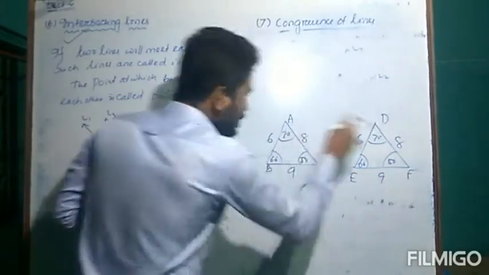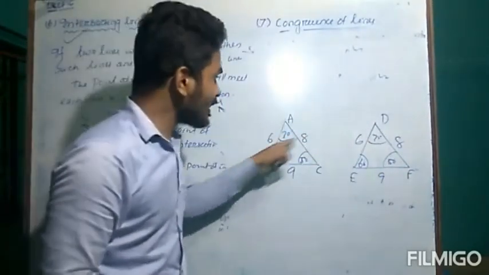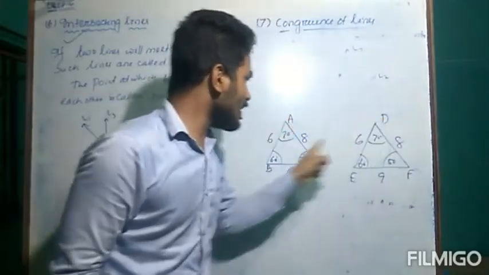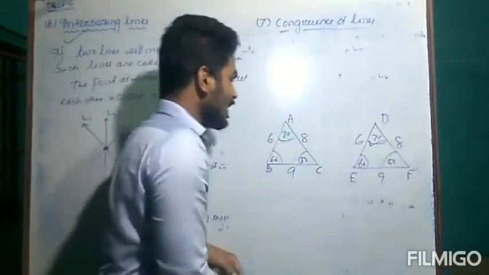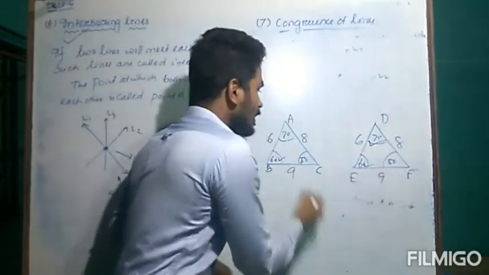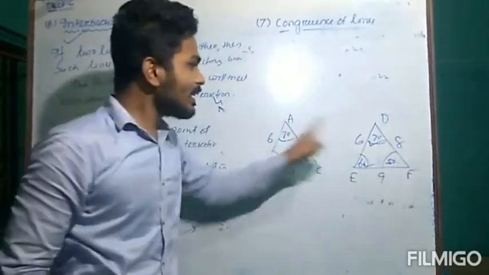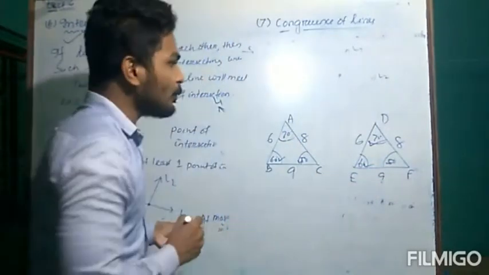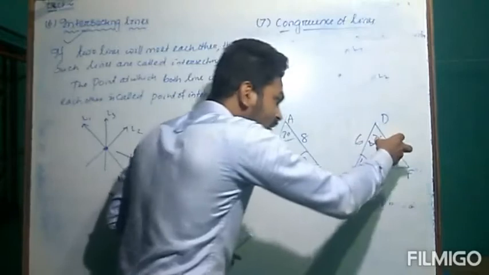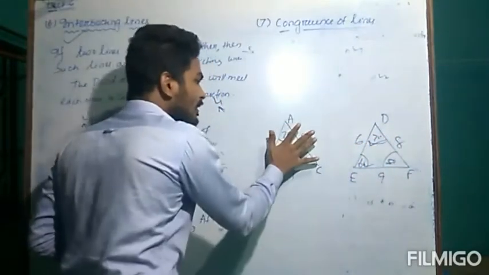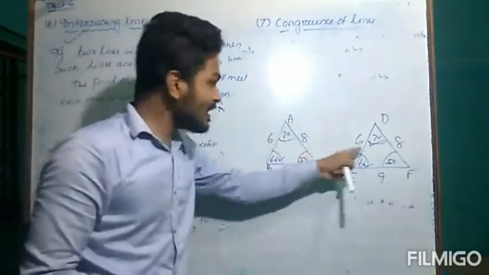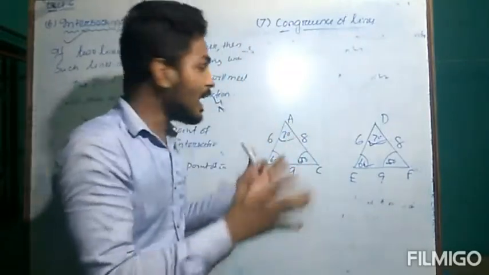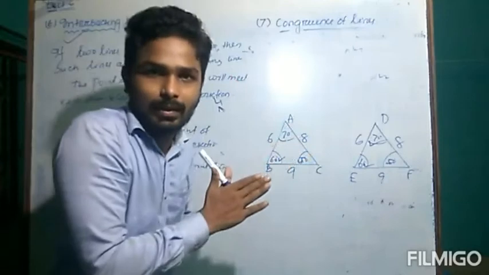See, in these two triangles, this side is equal to this side, this angle is equal to this angle, and this is also equal to this. It means these two triangles are completely equal, and if you trace or cut this triangle and paste it over this triangle, then you see this triangle completely covers that triangle. They are superimposed with one another.